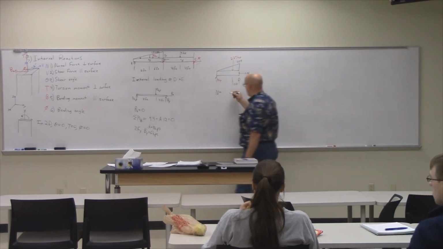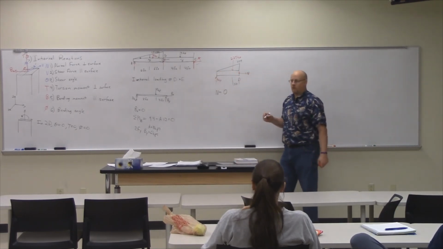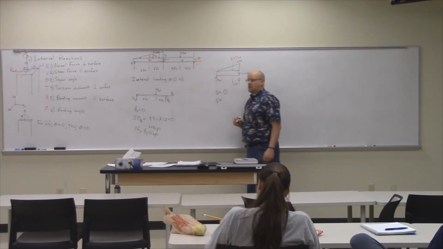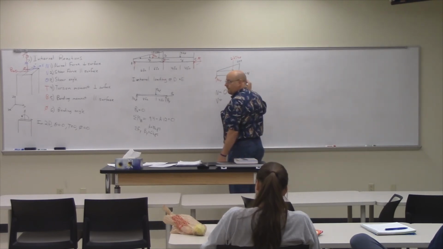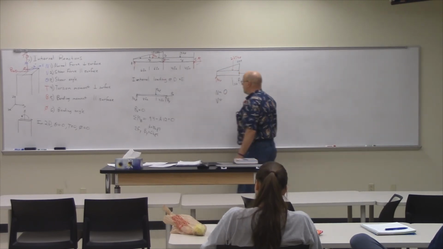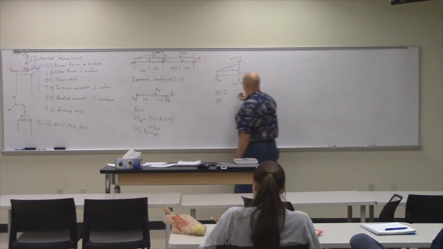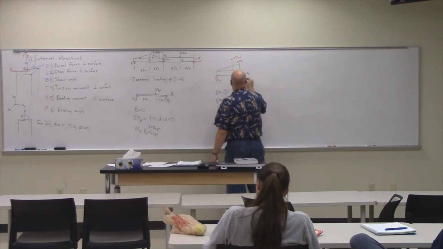Right, so N equals 0, sum of the forces in the x direction. There's no normal force. What is the shear force at D? 0.75, up or down? It's one of those two. It's down. 0.75 in this direction.